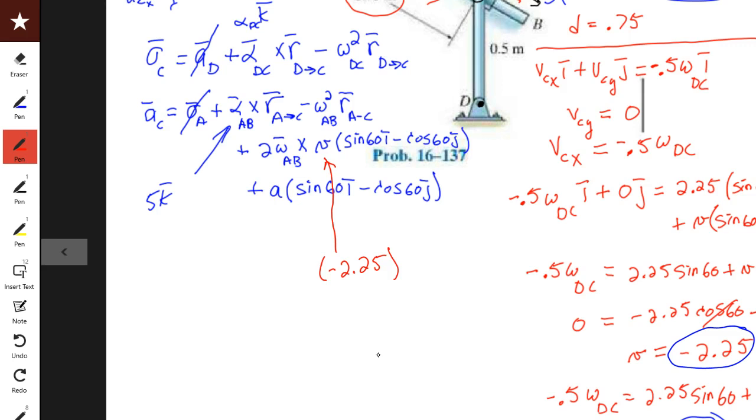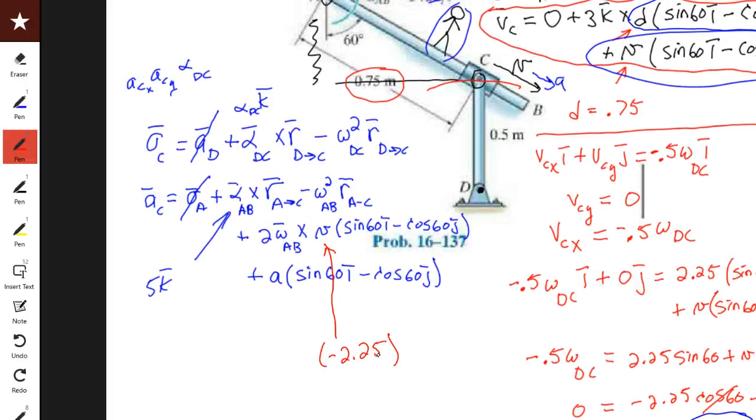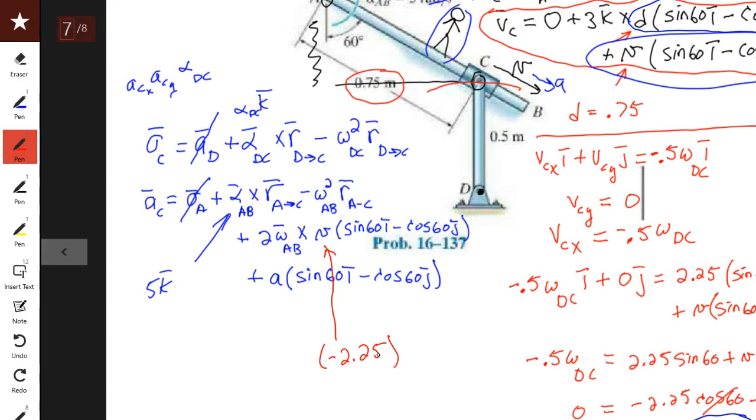So I plug in a negative 2.25 right there. Omega AB, I've got that. That was given. And now the thing that's unknown in this equation is this little a. So the other unknown is a. So now I've got 4 unknowns in these 2 vector equations.